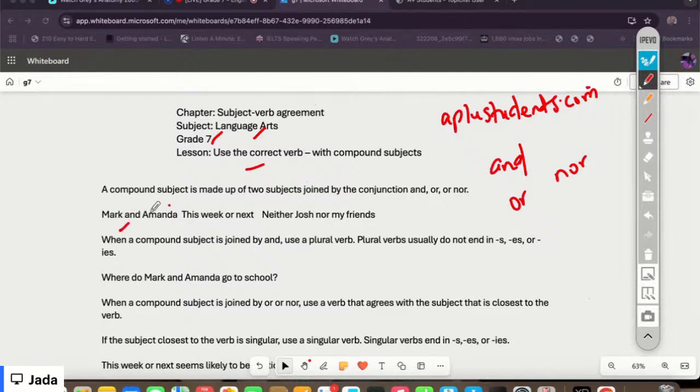So we have Mark and Amanda, this week or next, neither Josh nor my friends. These are the conjunctions joining compound subjects, okay?